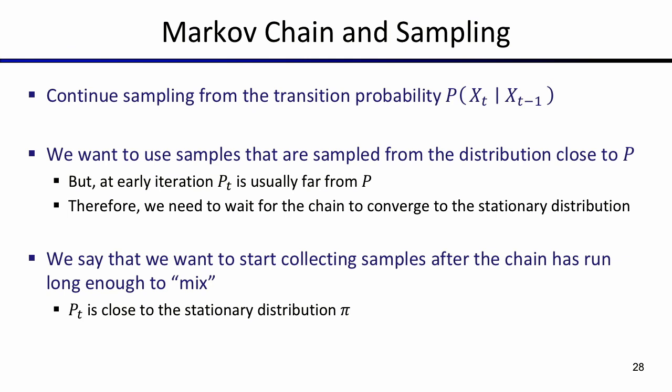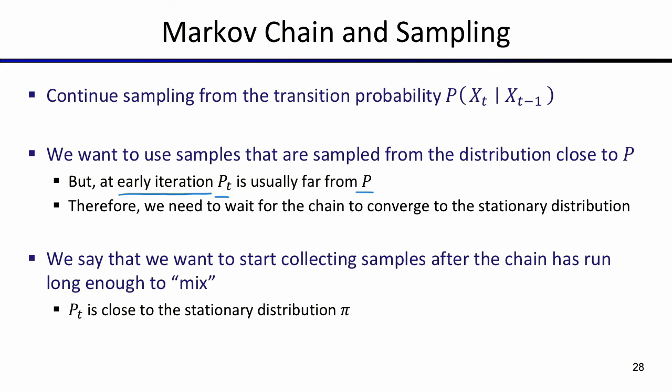And that is the most difficult part of using the Gibbs sampling, to find when our Markov chain has reached the stationary distribution. The idea is that we want to sample from the chain when the distribution has reached the stationary distribution. Usually at the early iterations Pt, we are far from the distribution P that we are interested in.